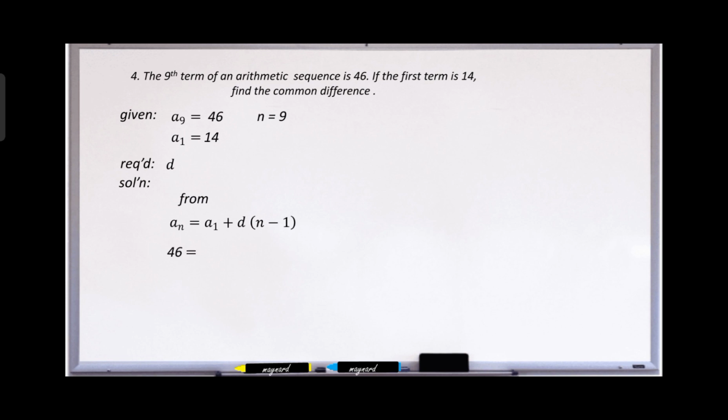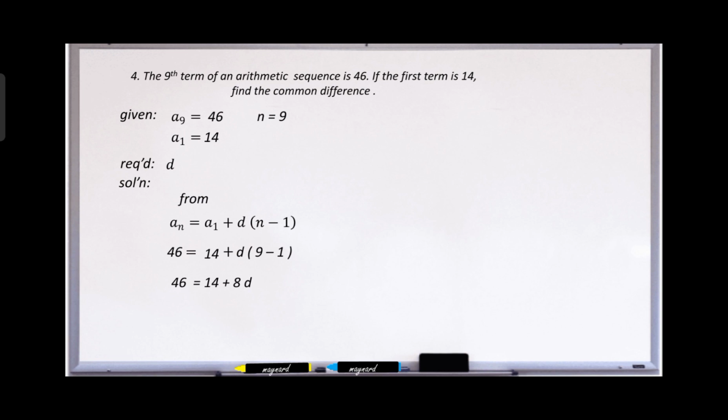So, yung a sub n natin is 46. A sub 1 is 14 plus the common difference and then quantity of 9 minus 1. So, subtract lang natin muna yung 1 sa 9. So, we have 46 equals to 14 plus 8d.